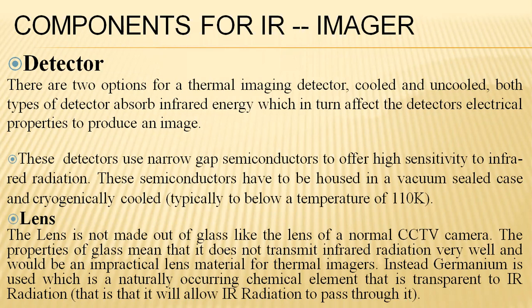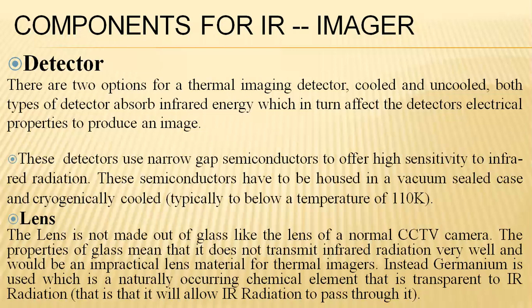So, thermal imaging detectors. Both these types of detectors observe the infrared energy, which affects the detectors in the case of their electrical properties, and the two together produce an image.